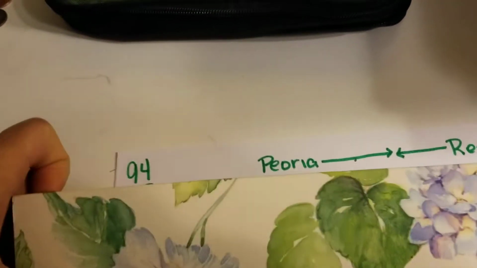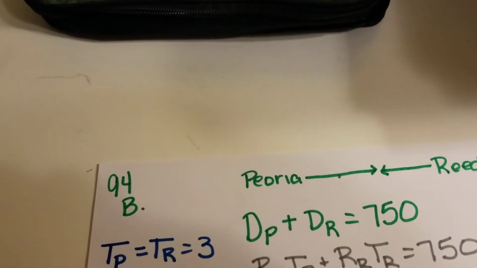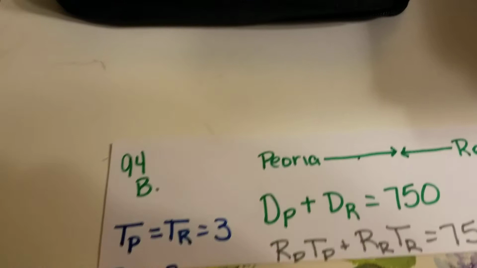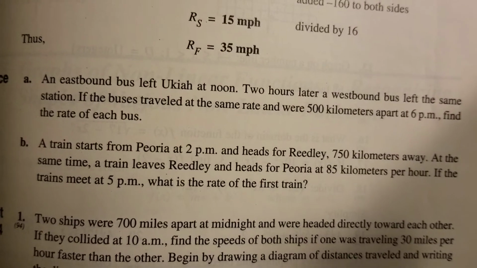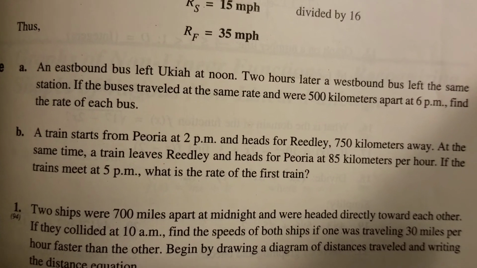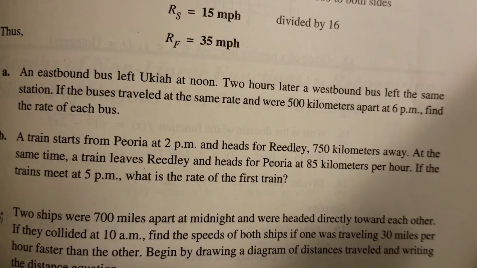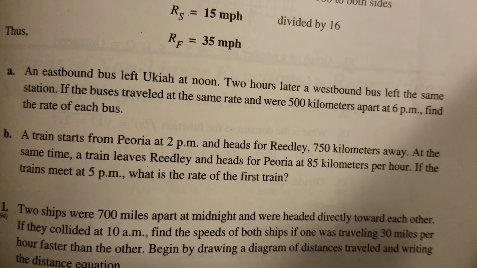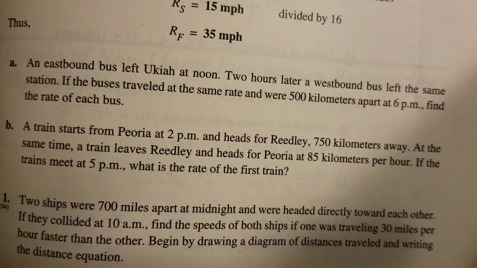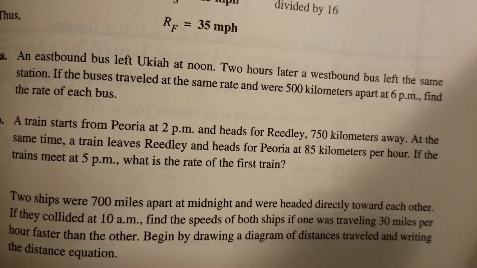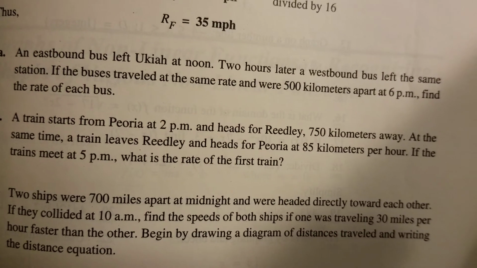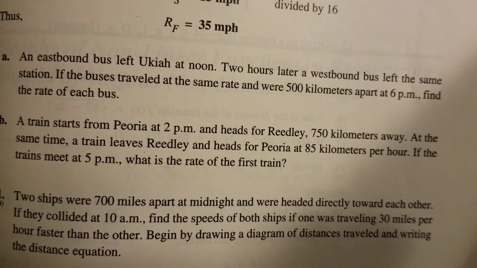Let's read. A train starts from Peoria at 2 p.m. and heads for Reedley, 750 kilometers away. At the same time, a train leaves Reedley and heads for Peoria at 85 kilometers per hour.